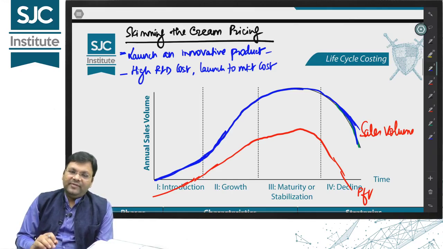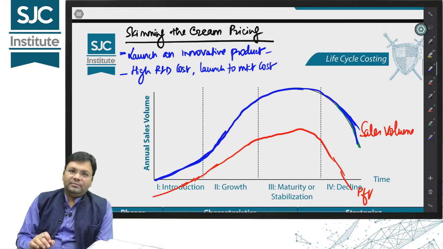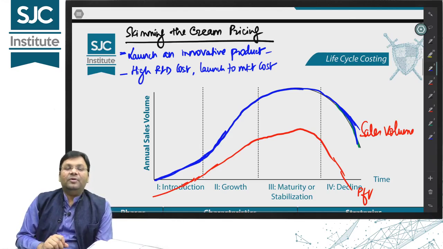So what we do is we plan a specific, small volume of product, and we try to recover all our R&D and launch to market cost from that specific volume only. We sell those products to a specific group of customers who are esteemed buyers, prestige buyers, who give more value to something very exclusive and innovative, who are always eager to pay a premium price to possess such a product.